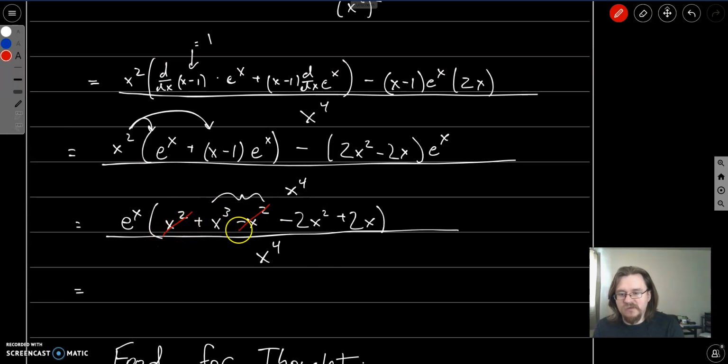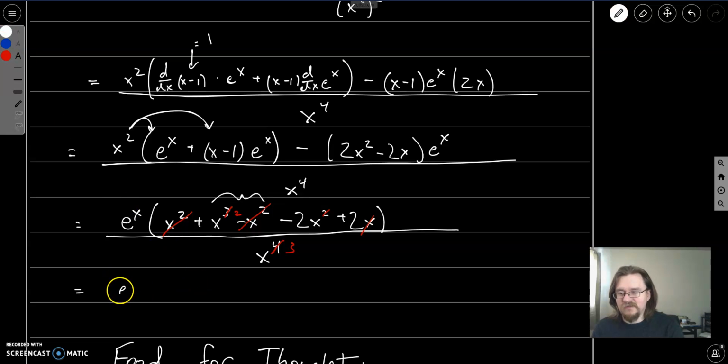X squared and minus x squared cancel out. And I can cancel at least one copy of x from each of those.